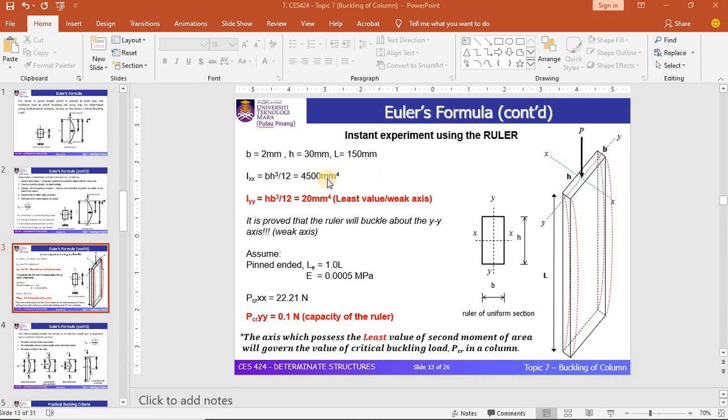Consider that B is equal to 2 mm, H is equal to 30 mm, and the length of the column, which is the length of the ruler, is equal to 150 mm.